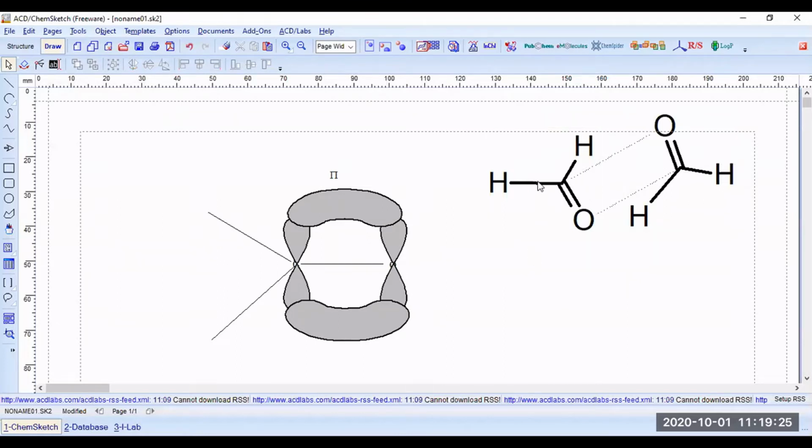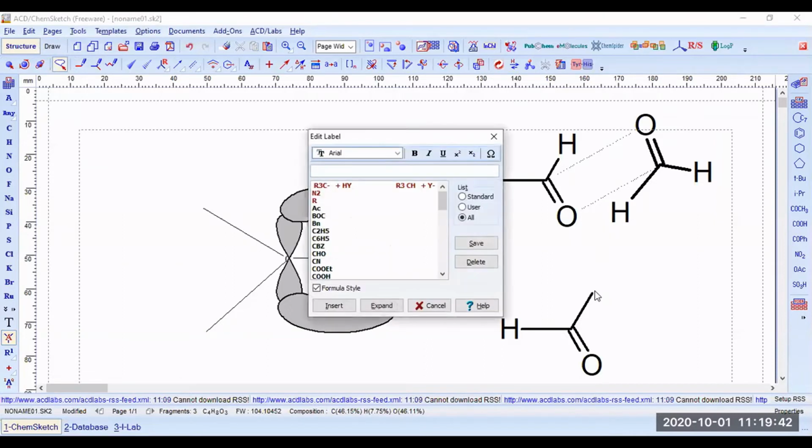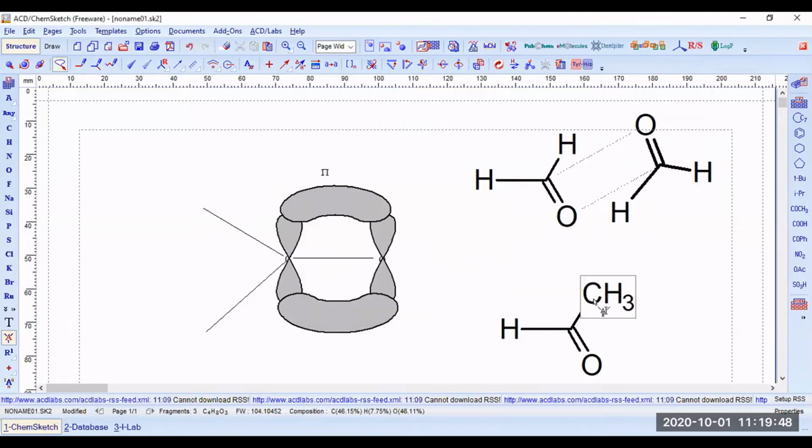And one more thing, any carbonyl compound which has alpha hydrogen, those alpha hydrogens are acidic in nature. That you keep in mind. These alpha hydrogens are acidic in nature.